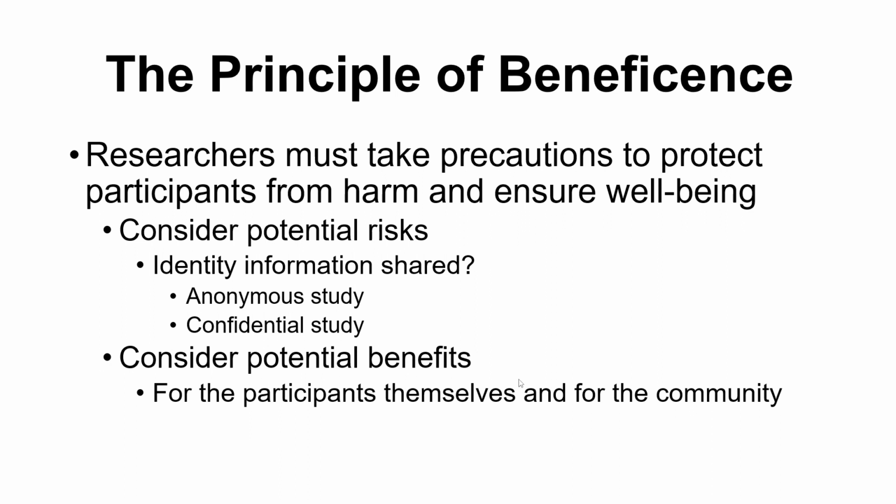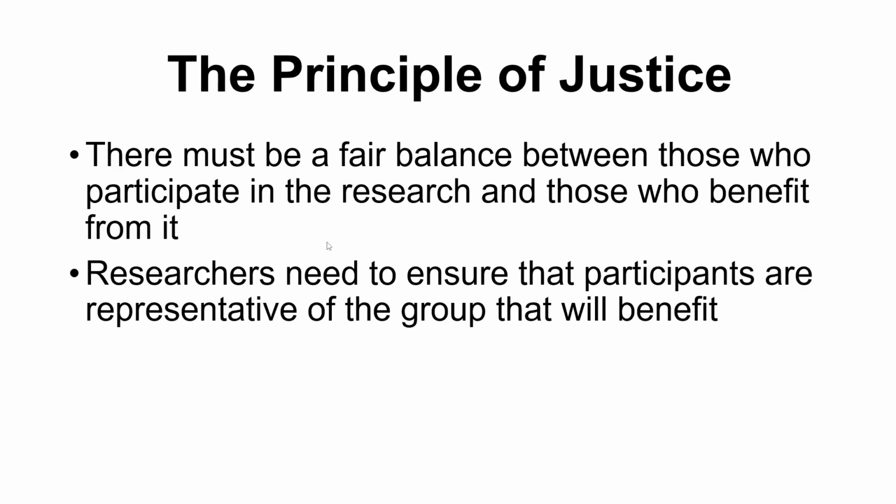We also have to consider potential benefits. That ties into our informed consent, but we want to make sure that the participants know that the outcome of this result might be useful for you, for those in your community, or for humans in general. And we also want to make sure that people are aware of both of these, and it should be explained in very clear ways.